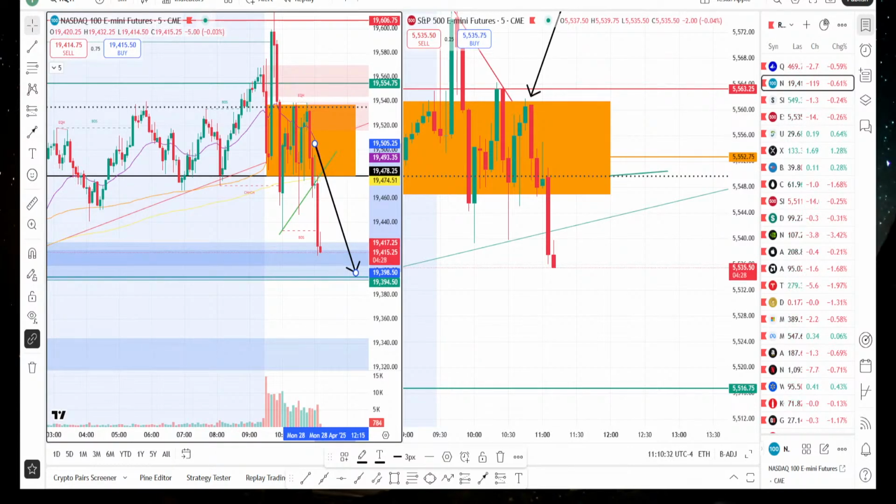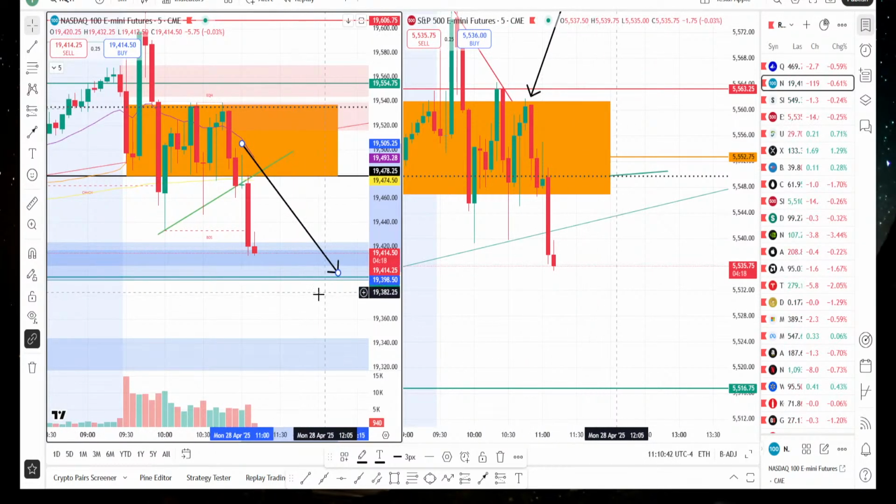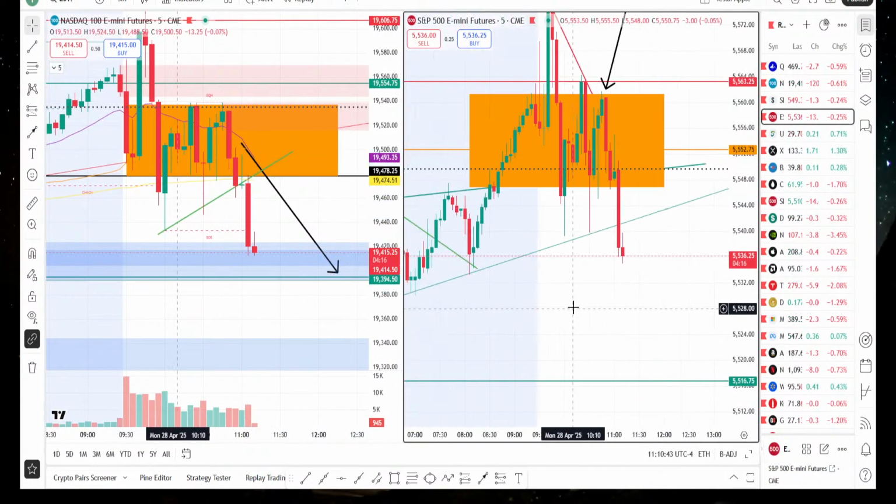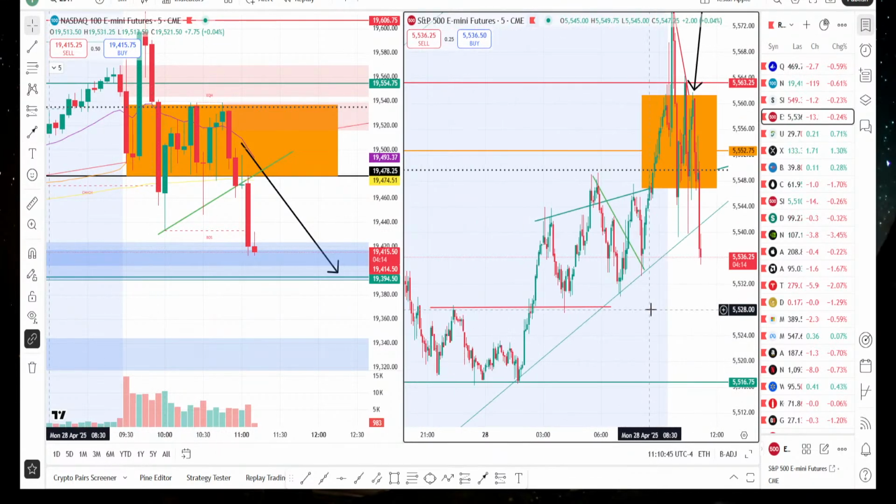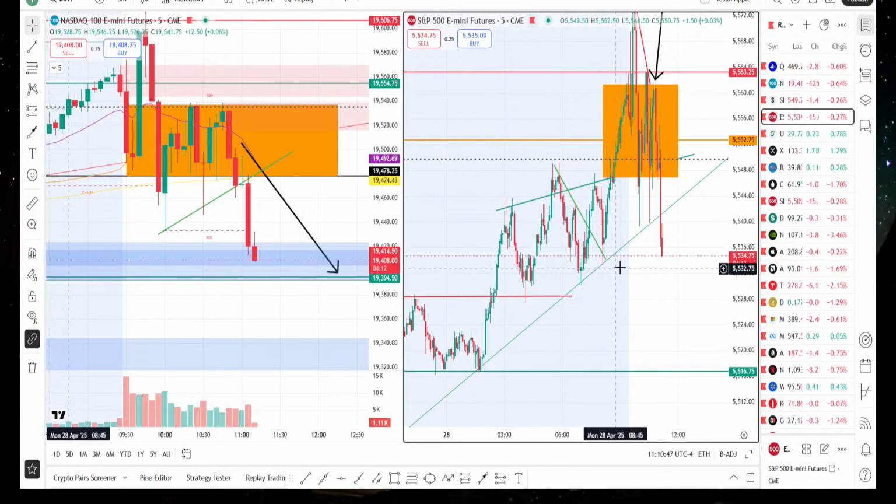It's coming down, coming down. Easy money, guys. ES is coming down too into previous areas of liquidity here, previous lows.